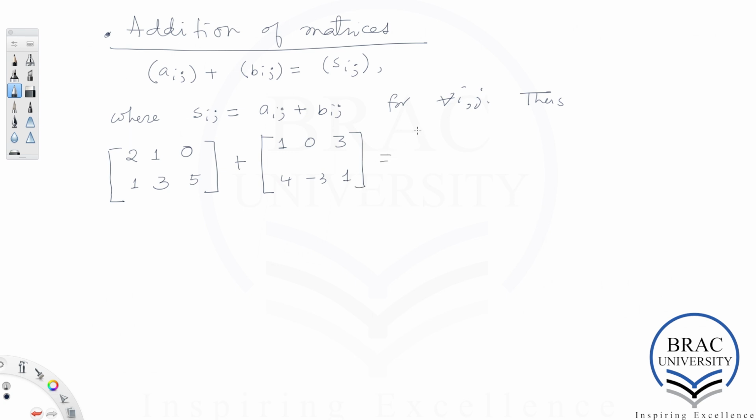So we add these two matrices by adding the corresponding entries. So 2 gets added to 1 to give 3, 1 gets added to 0 to give 1, 0 gets added to 3 to give 3. We have 5, we have 0, we have 6.